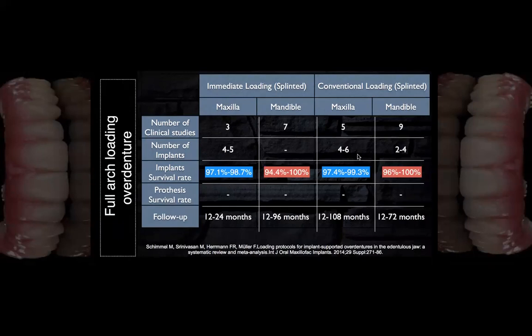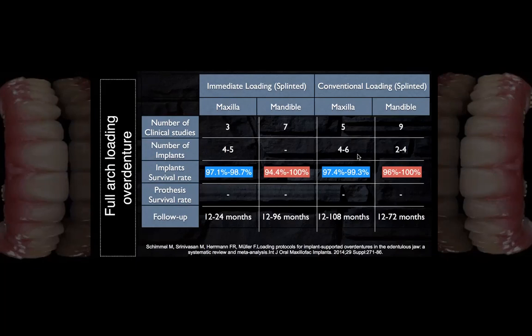So at the end of the day, looking at these charts, what does that tell you? It tells me that when I place an implant conventionally, I get the same result as if I decide to go ahead and do immediate loading, correct? Would that not be correct from just looking at this research that was done?